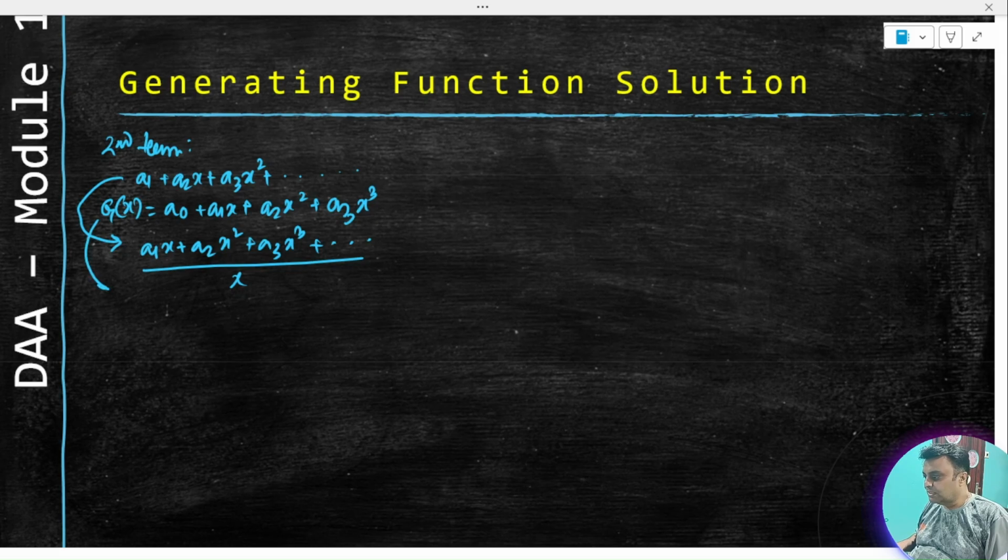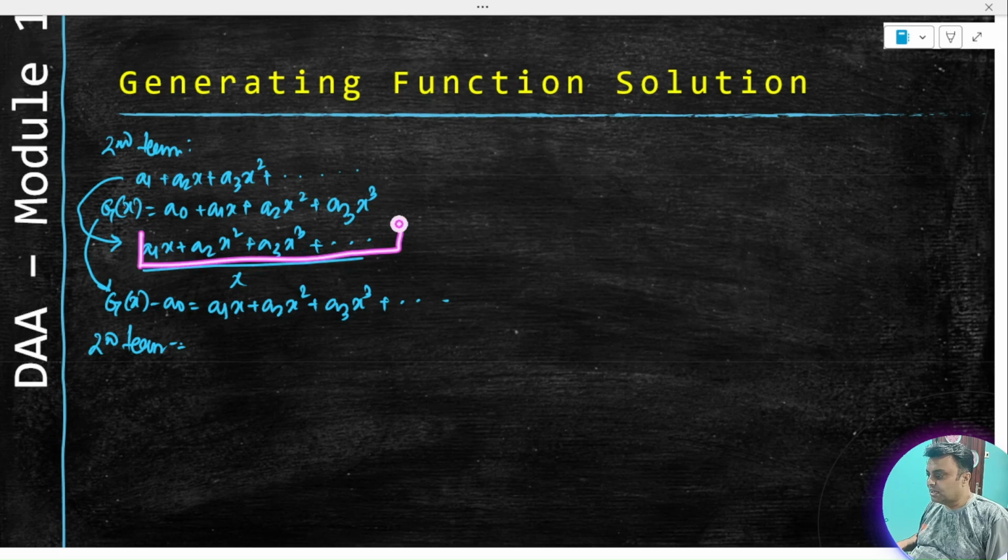So take g(x) and say that g(x) minus a0 is equal to a1x plus a2x square plus a3x cube plus dot dot dot. Right? So that's what you do, and therefore now you can write your second term, because you have a reason to say that this entire thing is this thing, as g(x) minus a0 divided by x.